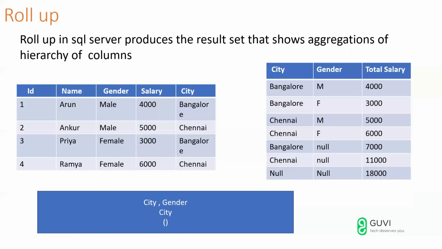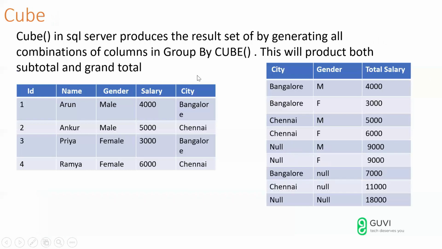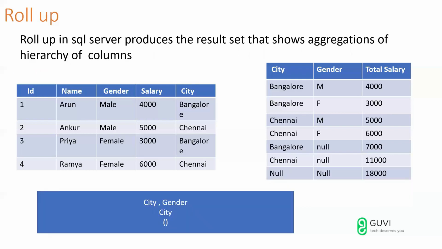When you give 2 columns, city and gender, it first does the city, gender aggregation, then removes gender because hierarchy-wise it just removes one column, does the combination for the remaining column, and gets the grand total. You don't get a subtotal of gender with city as null. So that is the basic difference: cube can do it for every combination, whereas rollup does it in a hierarchical fashion.